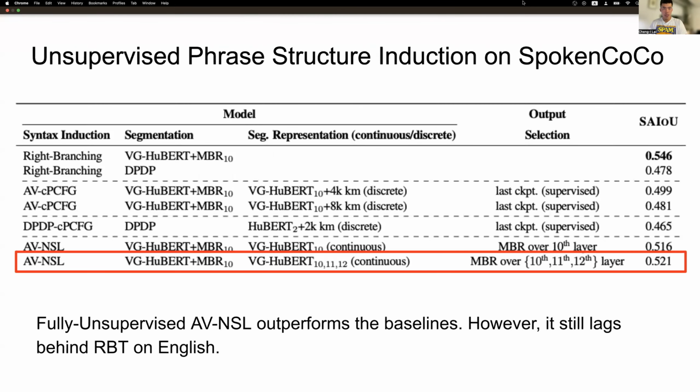This is the result on tree induction on English spoken COCO. We see that at the bottom here, a fully unsupervised AVNSL outperforms other modeling alternatives. However, because English is inherently right branching, it unfortunately lags behind the right branching tree on English.